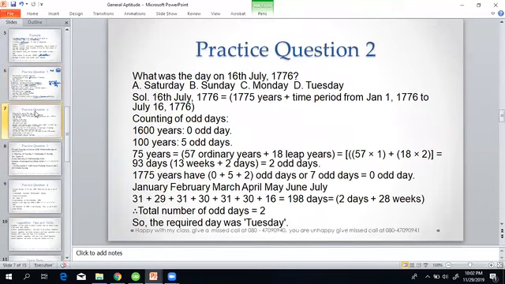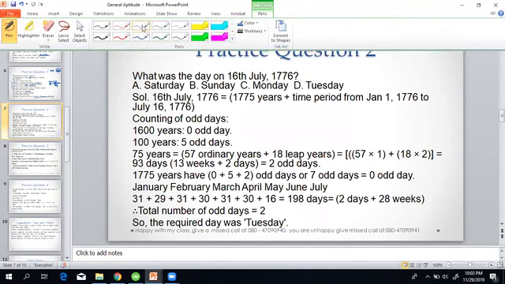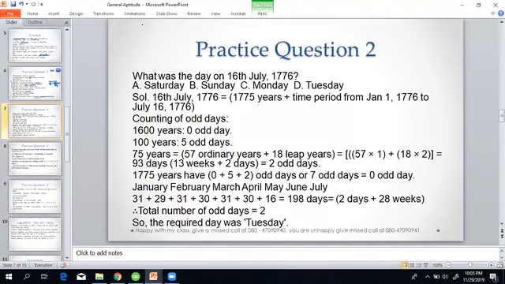Okay, now next question. What was the day on the 16th July 1776? For this, first of all, break these years into centuries.